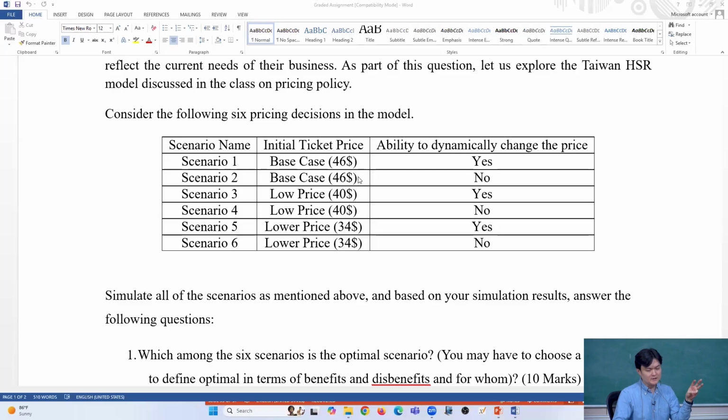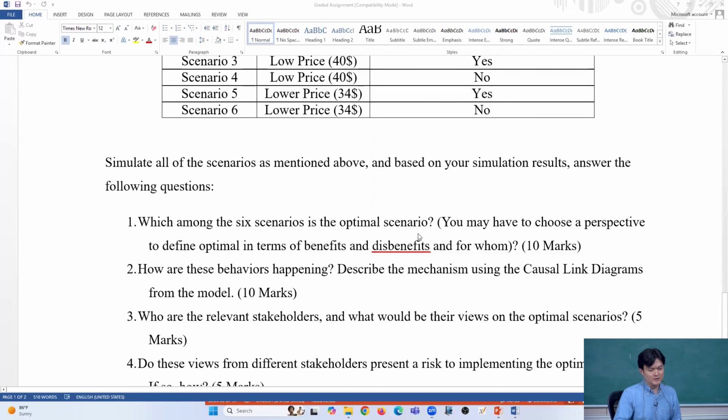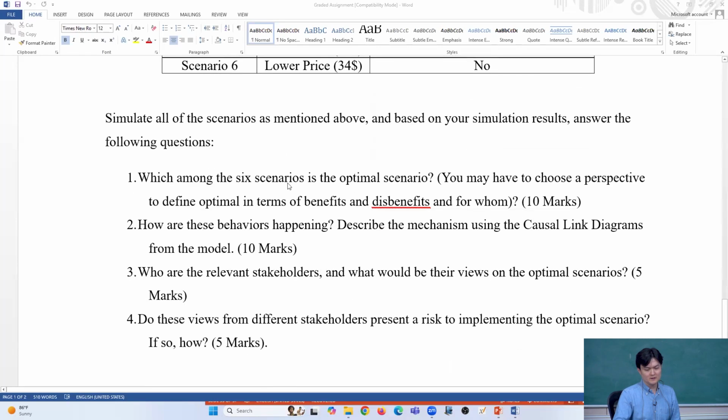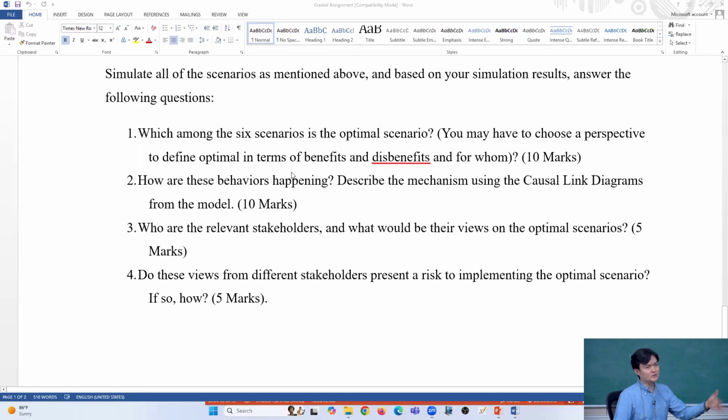So 3 different prices, 2 options for the 3 prices. So only 6 scenarios. Simulate the result, and then we want you to interpret those results by saying which one is the most optimal for who, and explain the behavior you are observing.